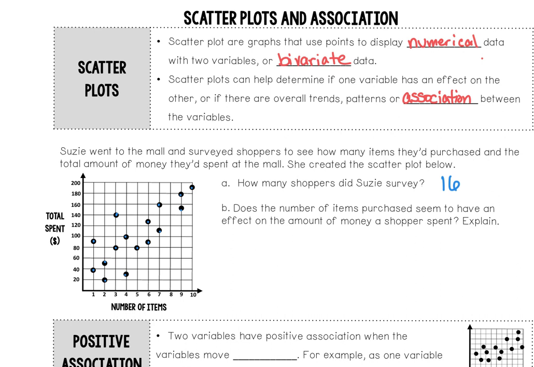Does the number of items purchased seem to have an effect on the amount of money the shoppers spent? So do we see some type of relationship, some type of association? What's happening as she's getting more shoppers buying more items? Yeah, exactly.